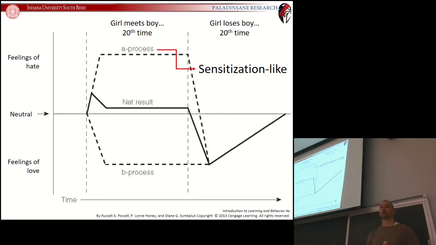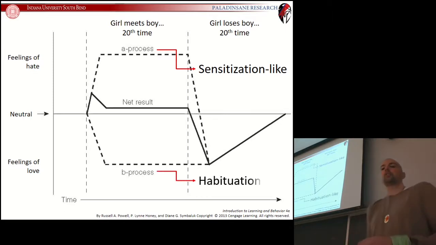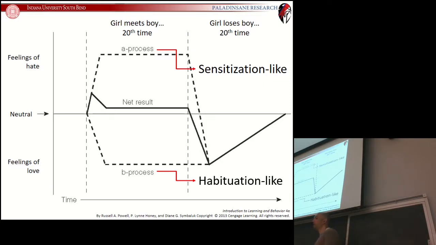Fighting that sensitization process is a habituation-like process, and that's your B process. So every single time that you meet somebody, or that you're presented with a stimulus, the B process is making your reaction lower and lower and lower. So this opponent process theory uses basically a sensitization-like A process which is counteracted by a habituation-like B process where your reaction gets less and less as you go on.